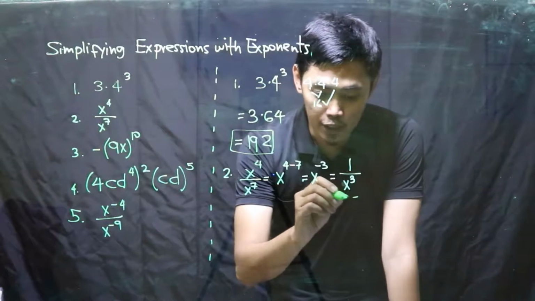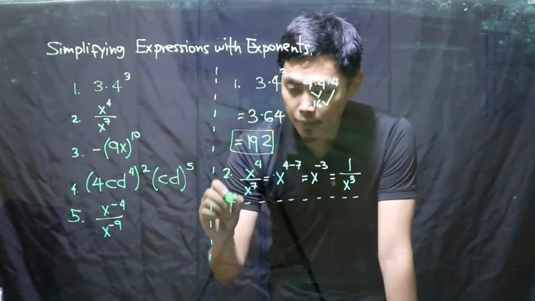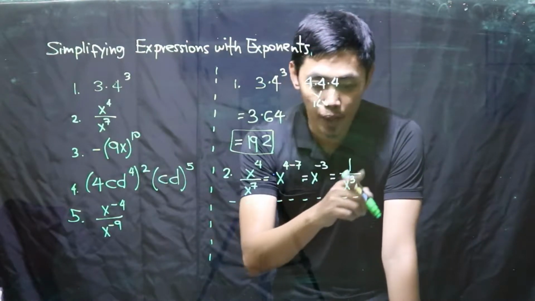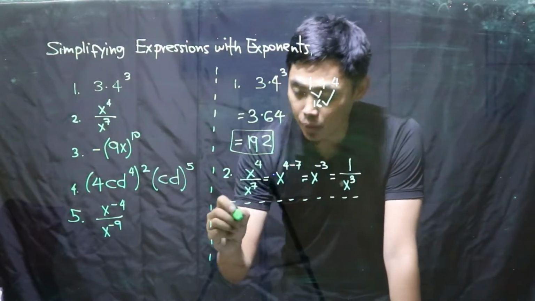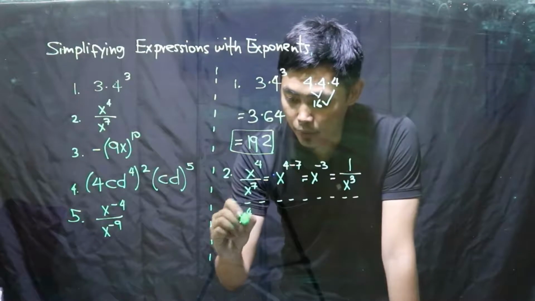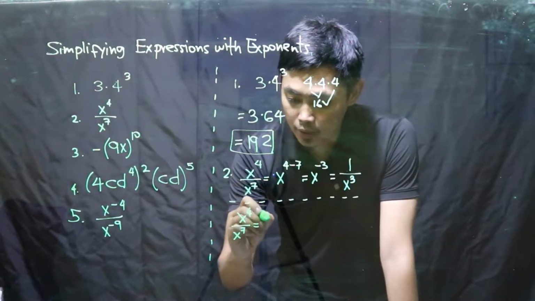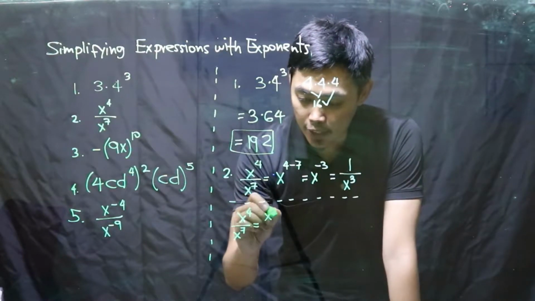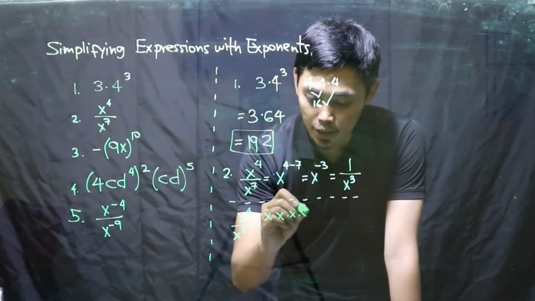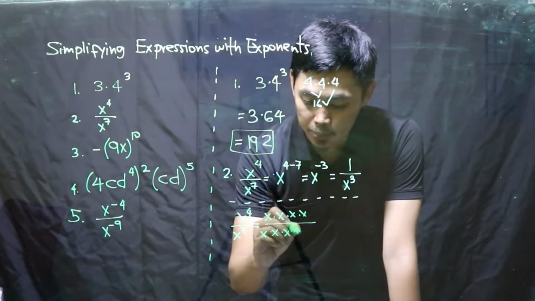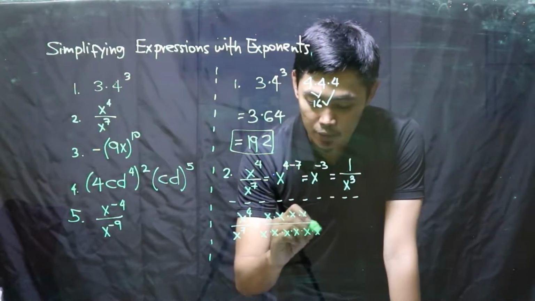Let me demonstrate a clearer picture, just to let you know why our answer is like this. We have x to the power of 4 over x to the power of 7. x to the power of 4 is x times x times x times x, and x to the power of 7 is x times x times x times x times x times x times x.